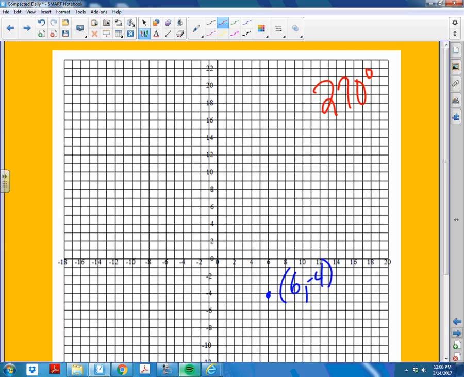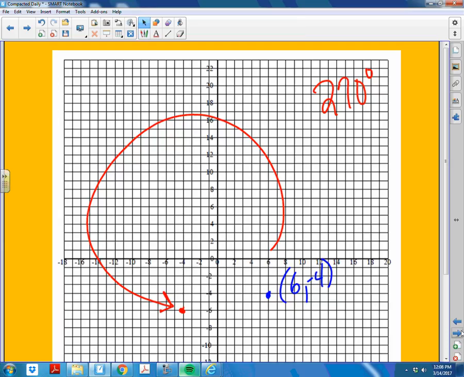So now it's -4, -6. It goes right there. It rotated 270 degrees counterclockwise. Told you it was going to be harder. It's kind of interesting as long as you get the rules. Make sure you keep the rules. Any questions on that?